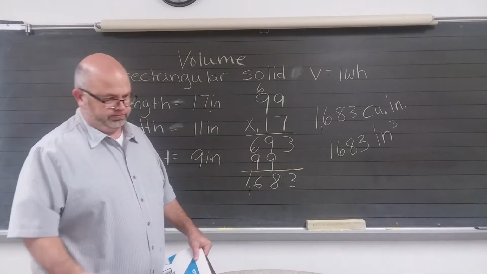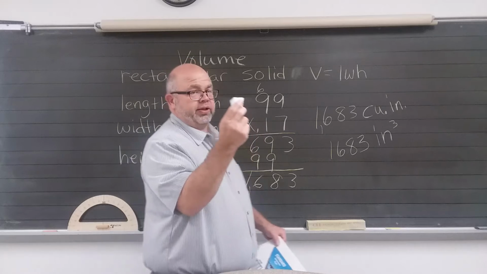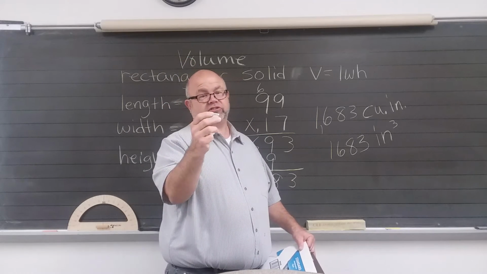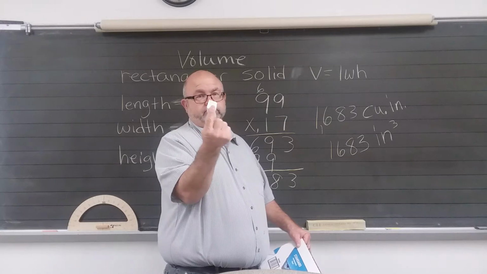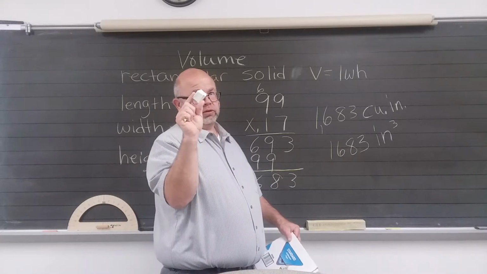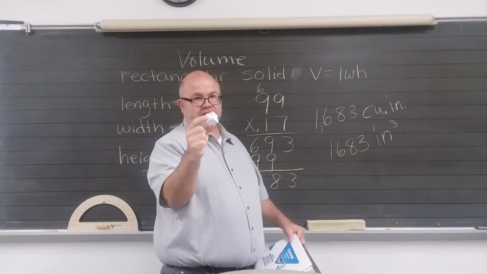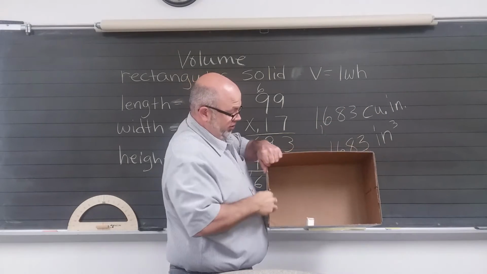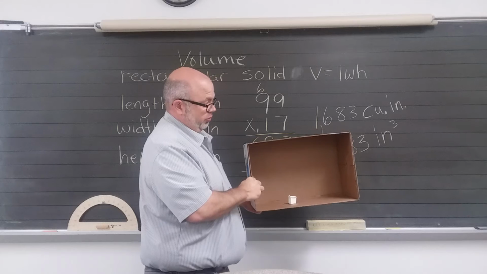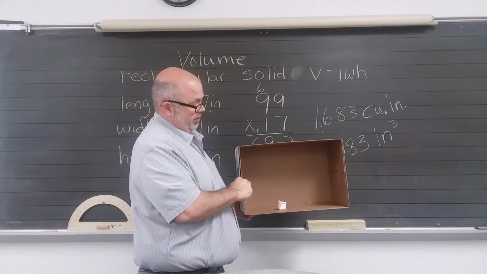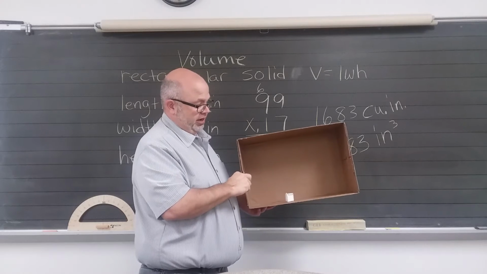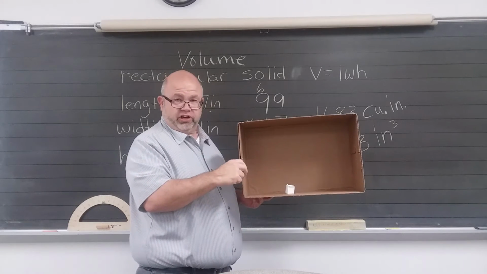That means that these cubes, okay, this is about an inch cube. It's not fancy, but that means that 1,683 of these fit inside this box with those dimensions. So you have just found that 1,683 of those little cubes fit inside the box.